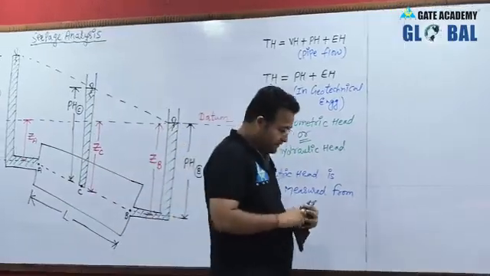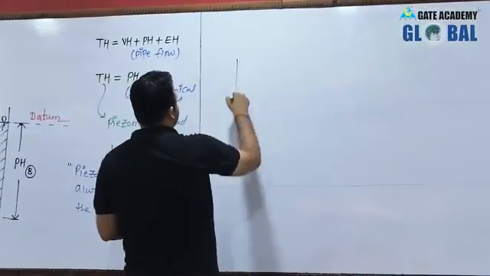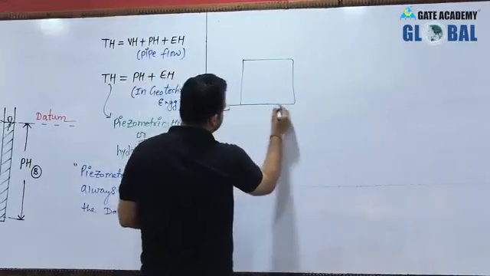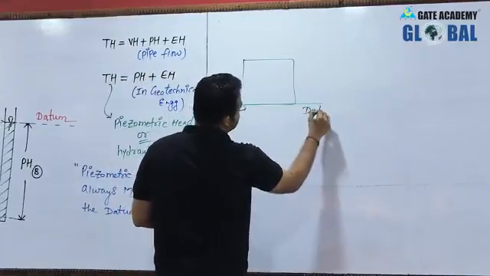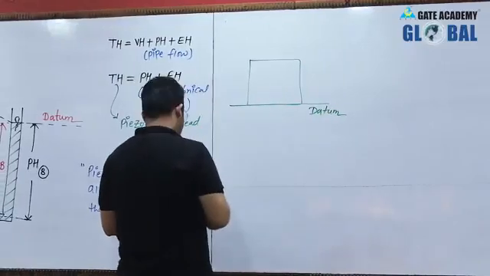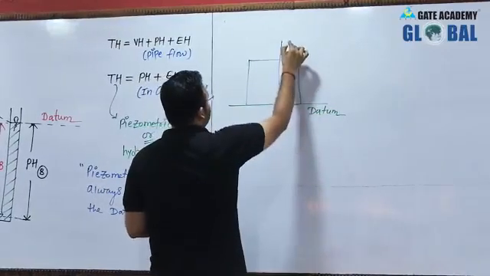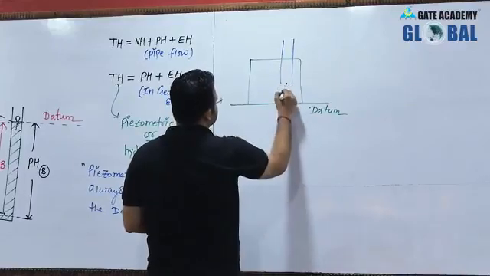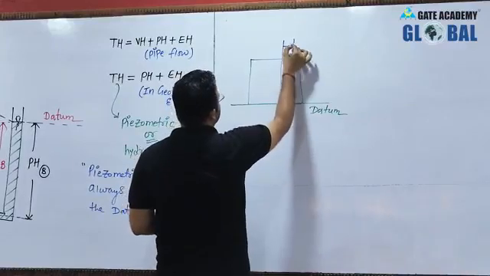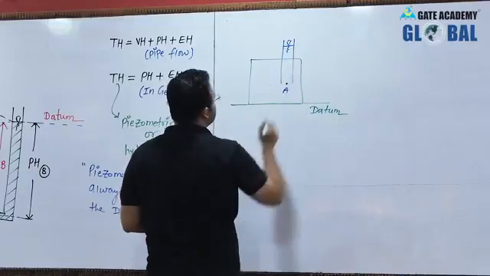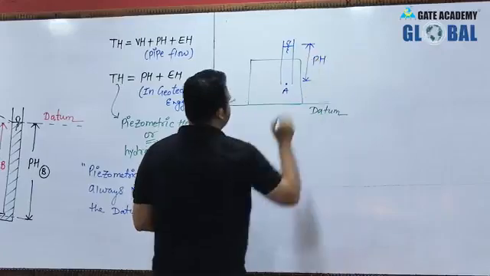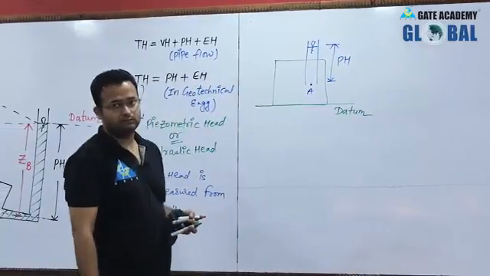Suppose this is the soil sample, something like this, and for a minute you can consider this is your datum, and somewhere here I have inserted the piezometer. This is the point A, and the rise in water is somewhere here. From here to here this will be your pressure head, but this is not the piezometric head.